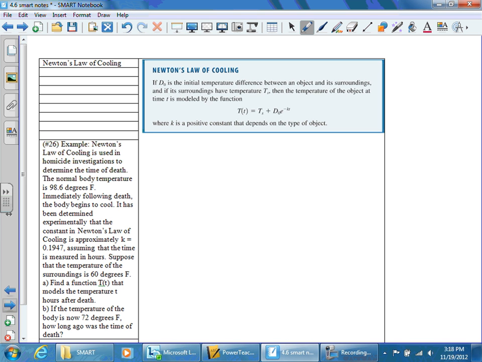All right, so Newton's law of cooling is used in homicide investigations to determine the time of death. The normal body temperature is 98.6 degrees Fahrenheit. Immediately following death, the body begins to cool. It has been determined experimentally that the constant in Newton's law of cooling is approximately 0.1947, assuming that the time is measured in hours.